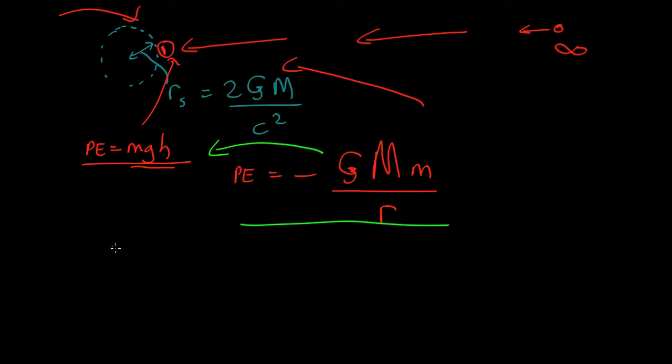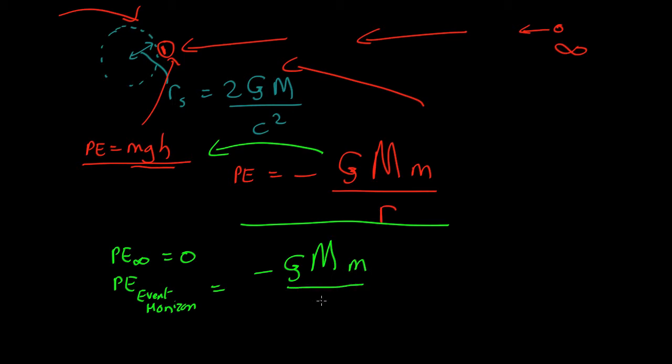So at infinity, potential energy at infinity, r is infinity, so that equals 0. Potential energy at the Schwarzschild radius, the event horizon, equals minus G M of the black hole, m of whatever you're dropping in, over the Schwarzschild radius, Rs, which is 2GM of the black hole over c squared.